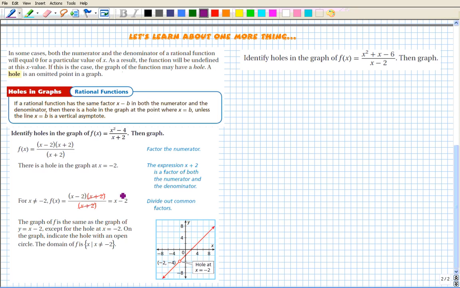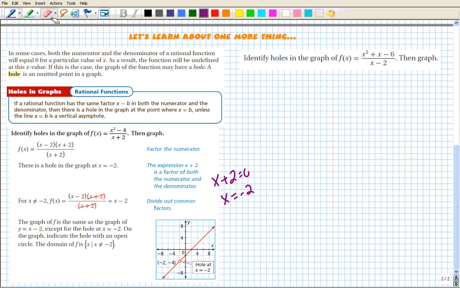So if you take the thing that cancels, here it was the x plus 2, you set it equal to 0, and you solve, that's the x value for the hole in the graph. And then you would draw on your graph whatever was left over, x minus 2, so that's the line we're going to make. But the hole is at x equals negative 2, so we go to negative 2, erase that spot, and put an open circle there, and there's the hole in the graph.